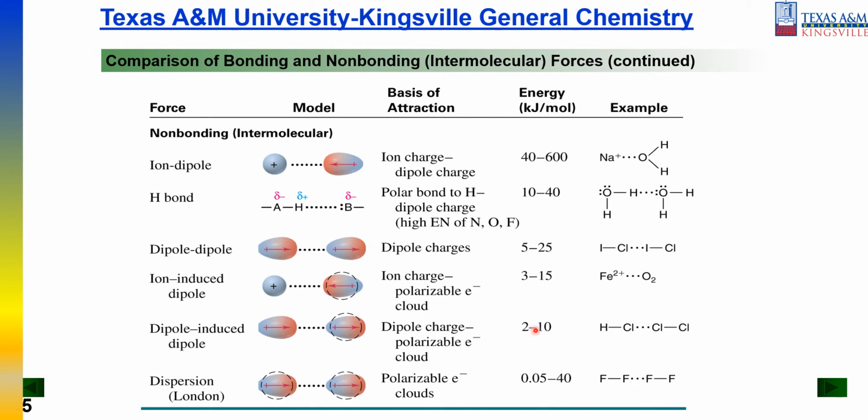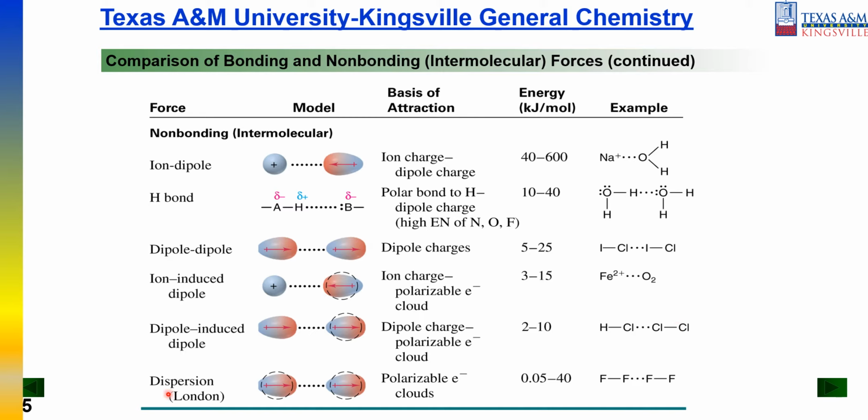This attraction ranges from 2 to 10 kilojoules per mole, such as hydrogen chloride and chlorine. Chlorine Cl2 is a nonpolar molecule but can be polarizable. This dipole charge to polarizable electron cloud is the reason for this intermolecular force.